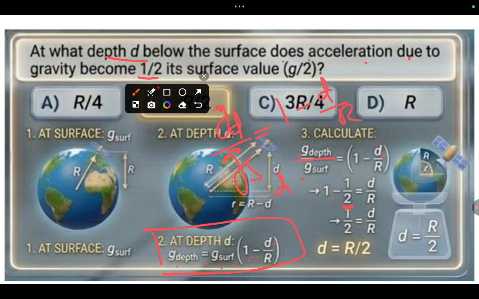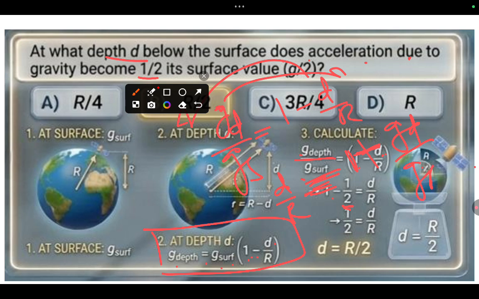Now d by r equals, sending this term to this side, 1 minus g depth by g surface.